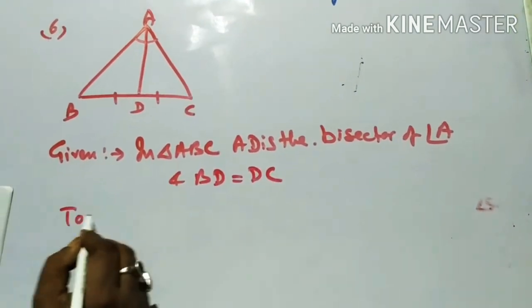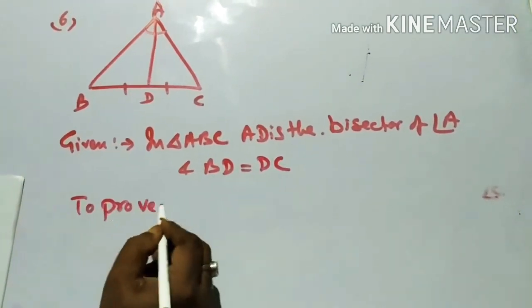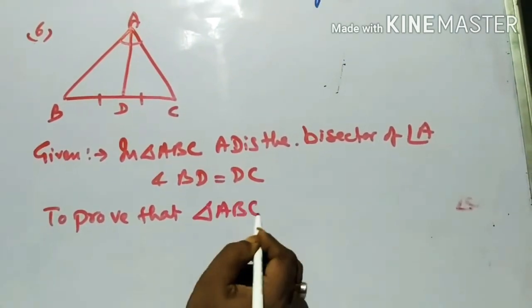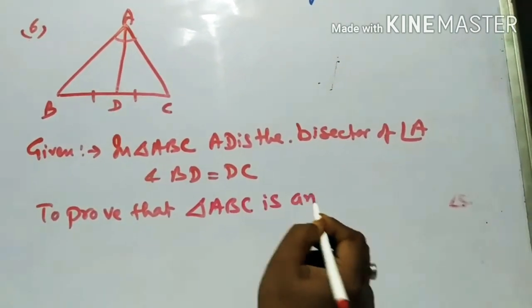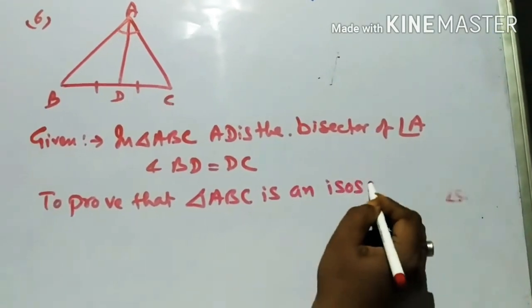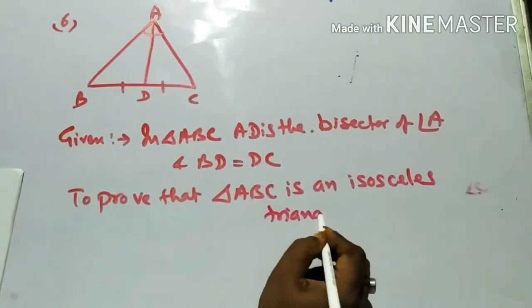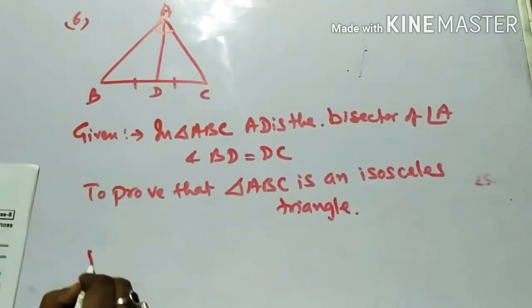You have to prove that triangle ABC is an isosceles triangle. So see how I'm going to prove it.